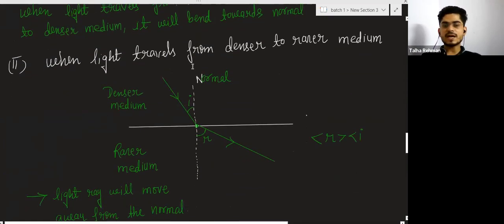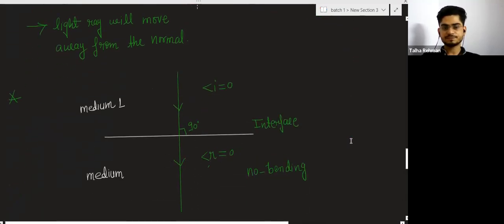Second case was when the light travels from denser medium to rarer medium. This is the denser medium. This is the rarer medium. This is the interface of the two mediums. Okay. So here the light ray is traveling like this. After the refraction, the light ray is moving away from the normal. Here, this angle will be greater, means angle of refraction will be greater than angle of incidence.